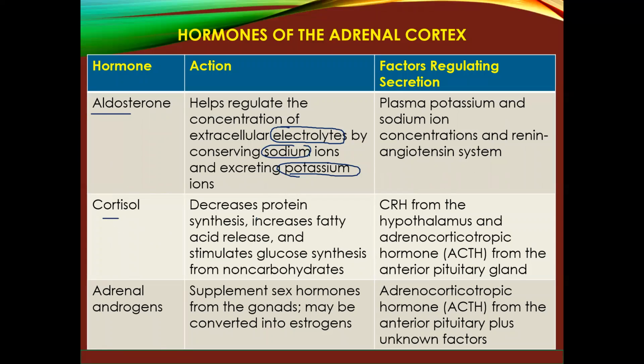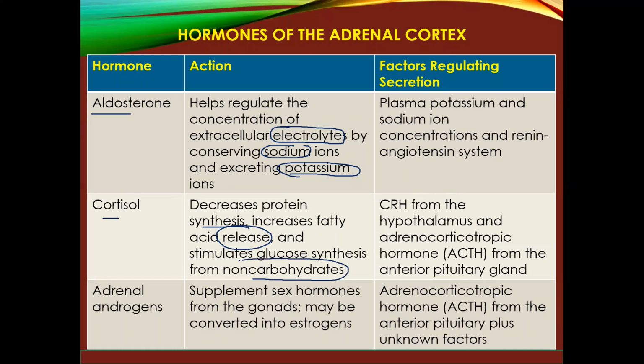Cortisol decreases protein synthesis and increases fatty acid release. So this is a stress hormone. When somebody is stressed, they usually use a lot of energy. So the fat tissue or the storage of energy will be released and stimulate glucose synthesis from non-carbohydrates.